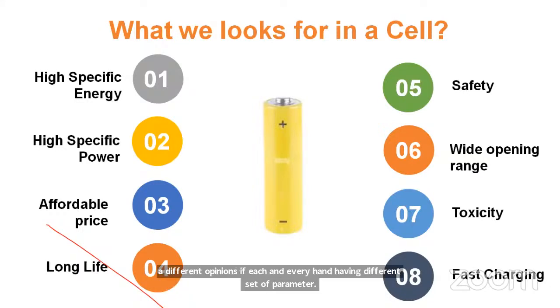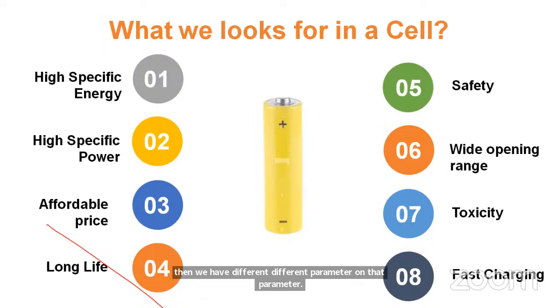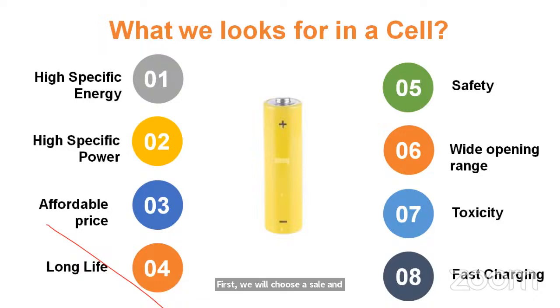Similarly, if we are going to design a battery pack, then we have different parameters. On those parameters, first we will choose a cell, and on the basis of that cell, we will design our battery pack. We have listed these 8 parameters: high specific energy, high specific power, affordable price, long life, safety, wide operating range, toxicity, and fast charging.